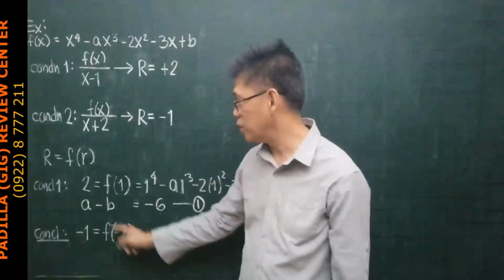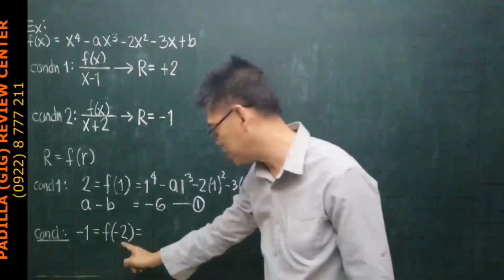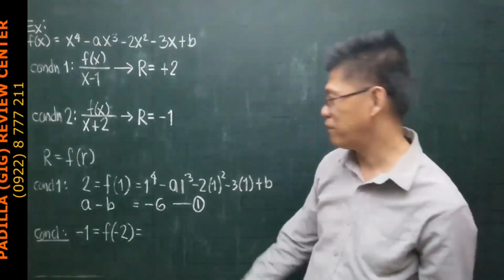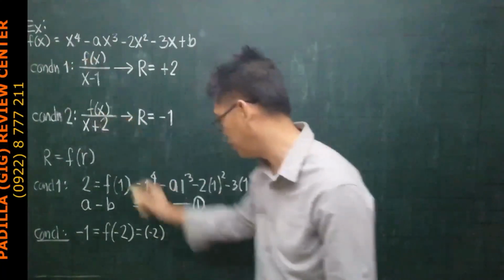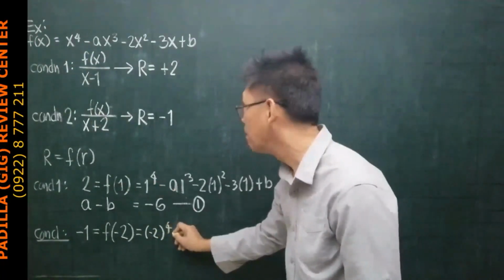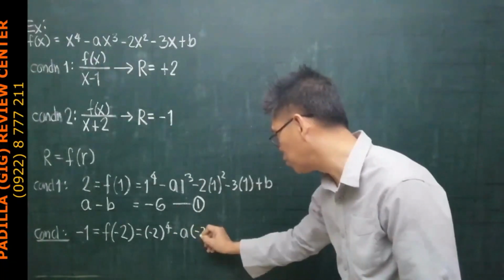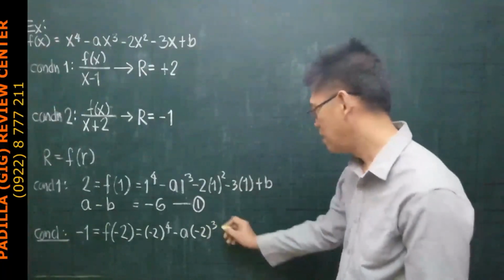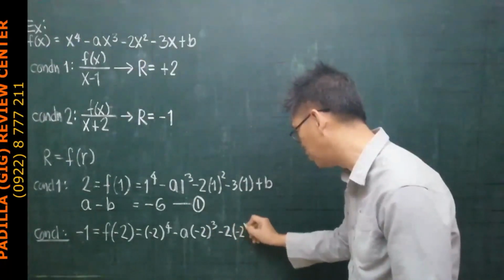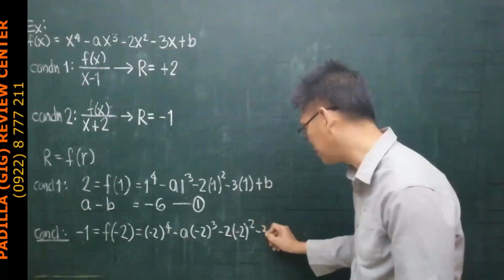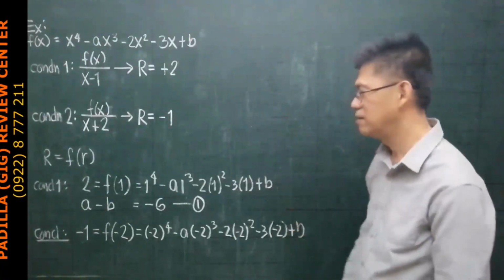F of minus 2 is f of x with all x's replaced by minus 2. So you simplify that, that would be minus 2 to the fourth minus a times minus 2 cubed minus 2 times minus 2 squared, minus 3 times minus 2, plus b.